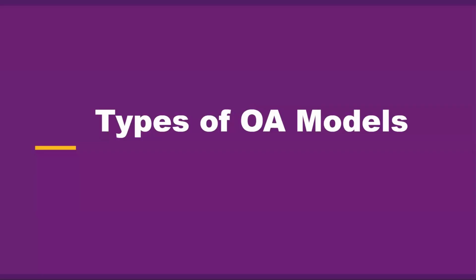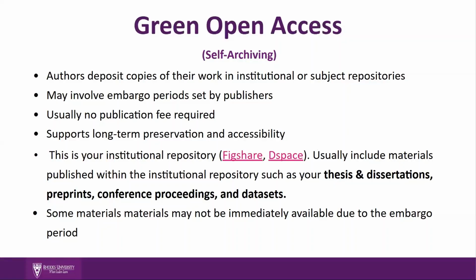There are different types of open access publishing models, depending on your preference, and you can choose the one that is applicable to you. The first one is the green open access route, which is also known as self-archiving. It is the institutional repositories. It allows users to deposit copies of their work into the institutional repository, and it involves no publication fee.